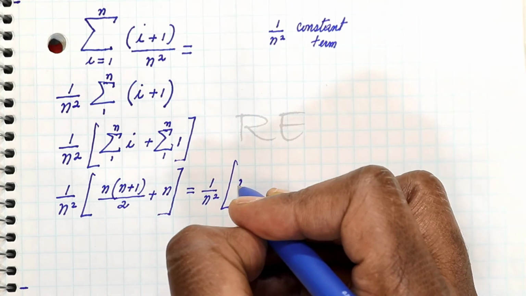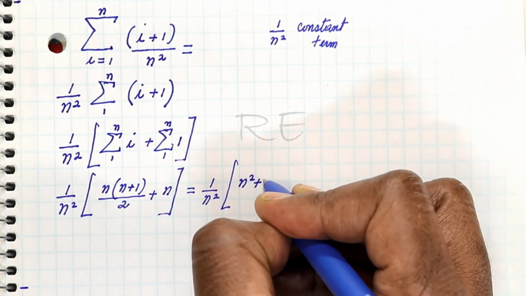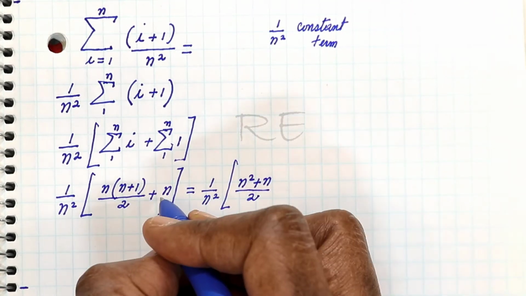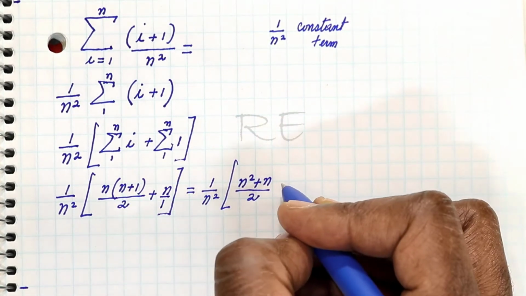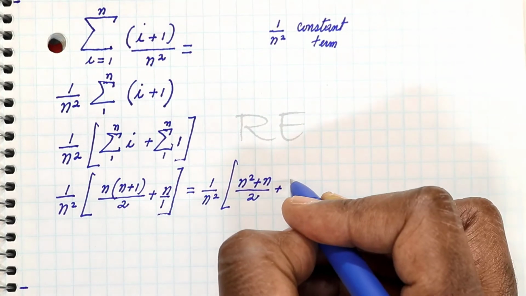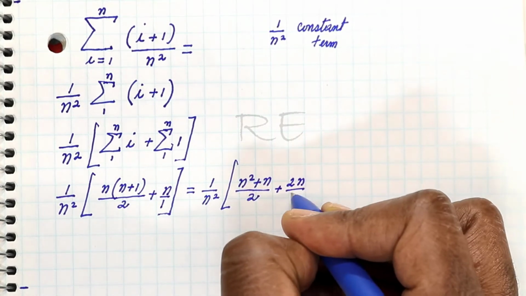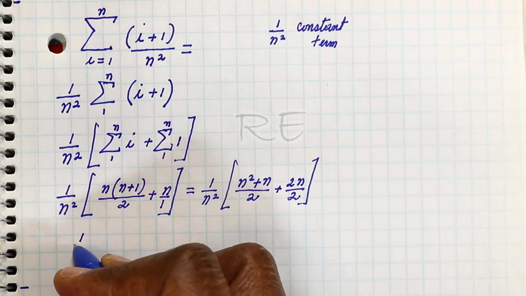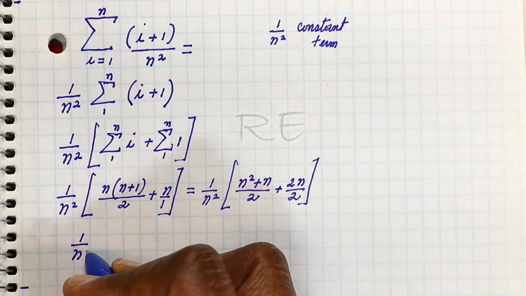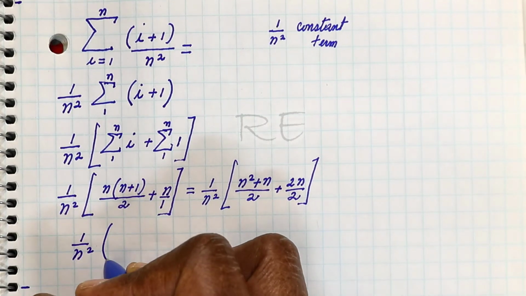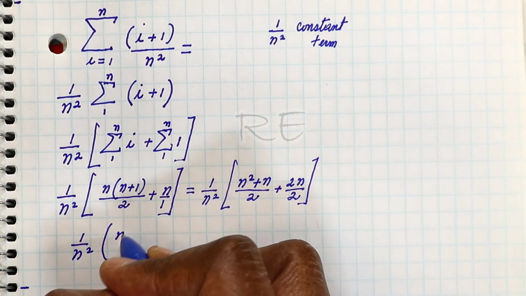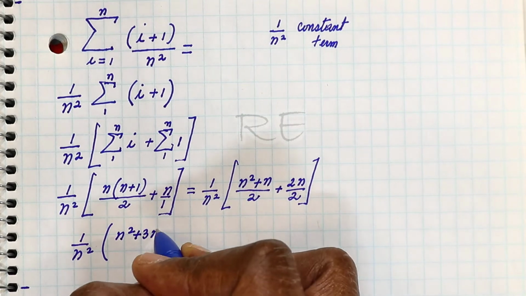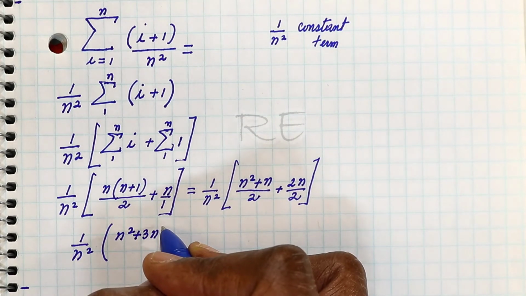Between the brackets, we're going to distribute n, so it's going to be (n squared + n) over 2. That is for the first term, plus the common denominator is 2, and n is 2n over 2. 1 over n squared times, we're going to combine the numerators, n squared plus n plus 2n, 3n over 2.